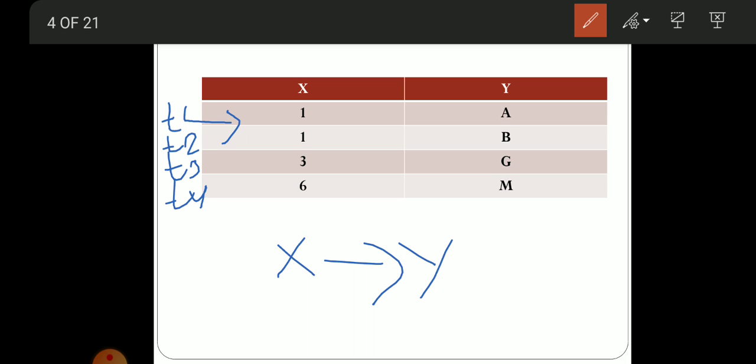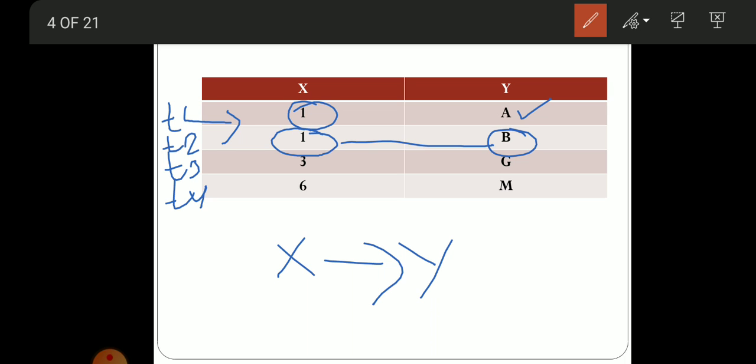Consider tuple number 1. Here the value of X is 1. Now check the value of Y. The value of Y is A. Okay. Now check tuple 2. The value of X in tuple 2 is again 1. But here what are we getting? The value is B. Right?